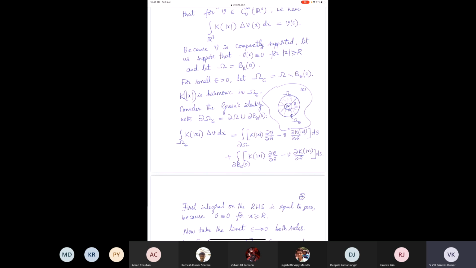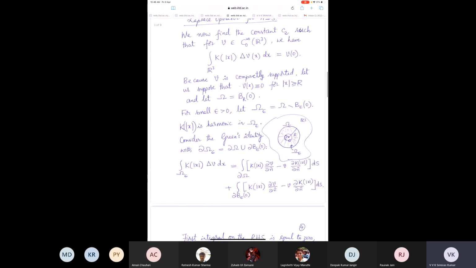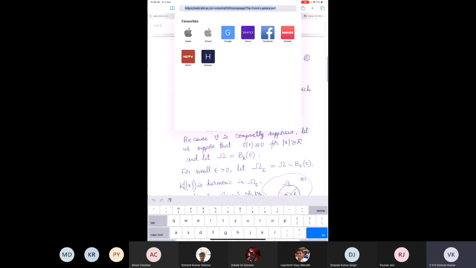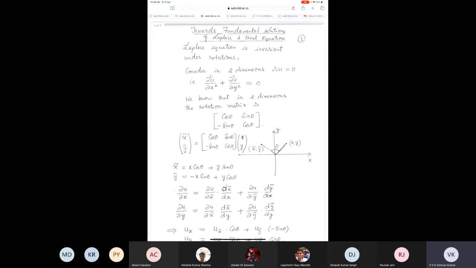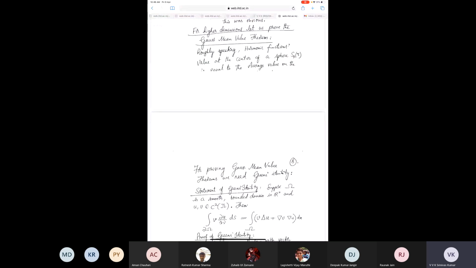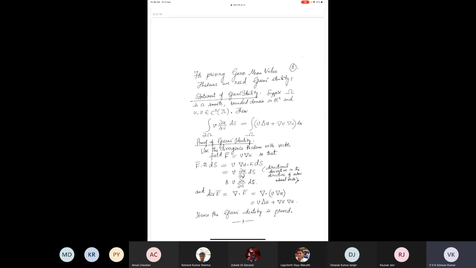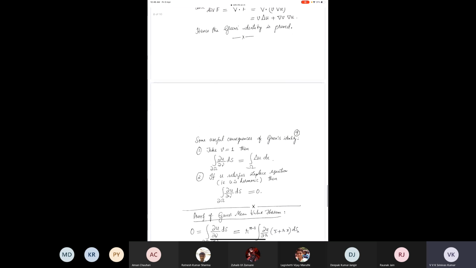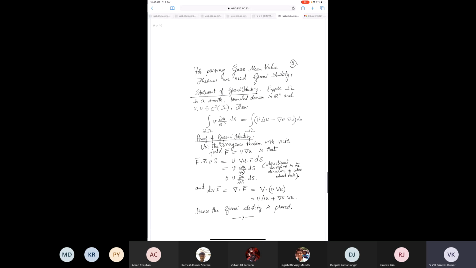So write this properly. Green's identity is this: grad v.